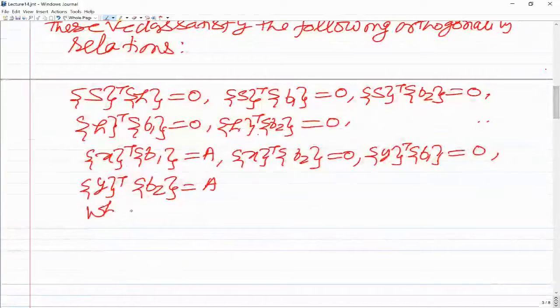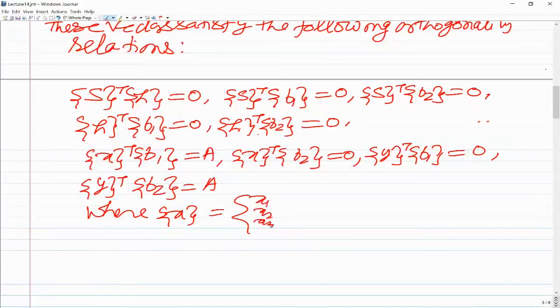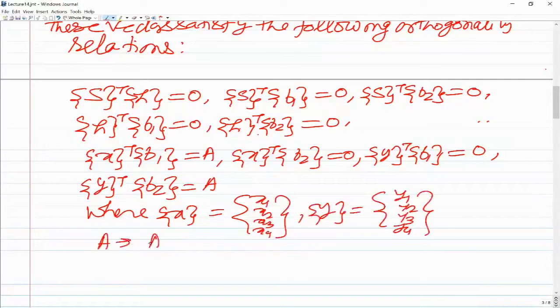Vector x is the x coordinates of all the four nodes, so x1, x2, x3 and x4, and vector y is y1, y2, y3 and y4, and A is the area of the element.